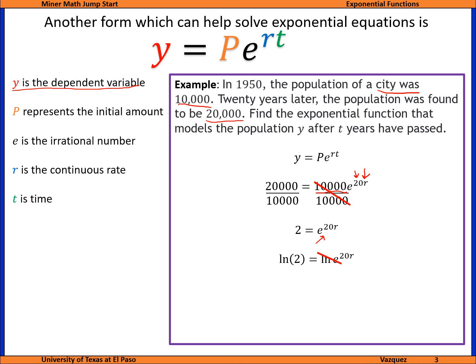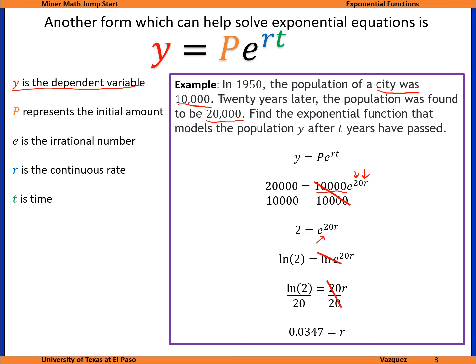We'll be left with ln 2 is equal to 20r. Last thing to do is to divide both sides by 20. So the 20s cancel out, and we get that r is approximately 0.0347.